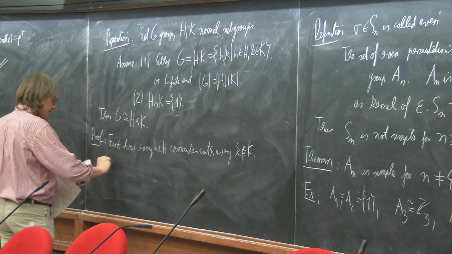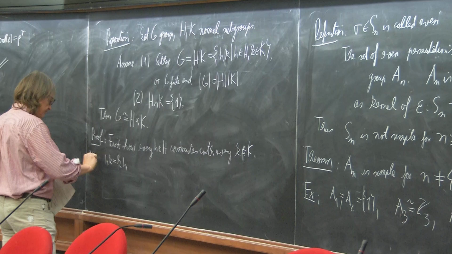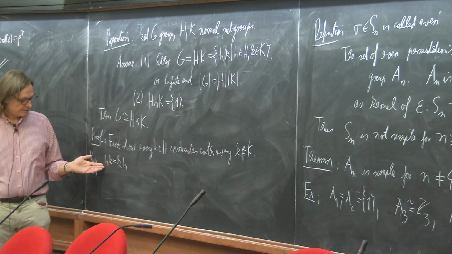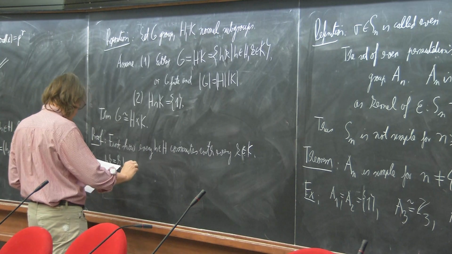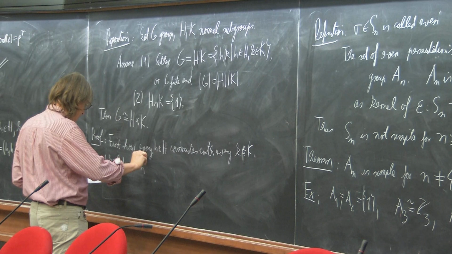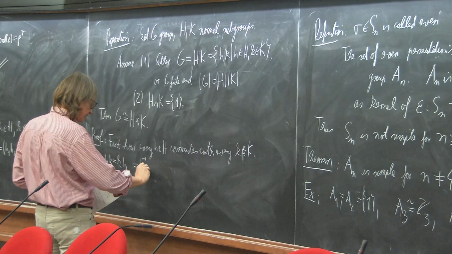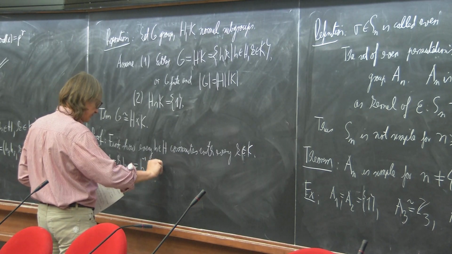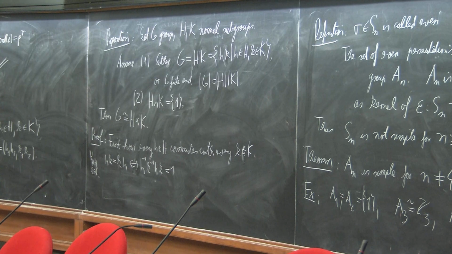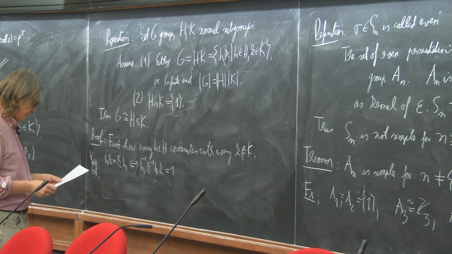We want that hk is equal to kh for all h in H, k in K. This is equivalent, by bringing it to the other side, to h to the minus 1, k to the minus 1, h, k equals 1. We just multiply by these elements.